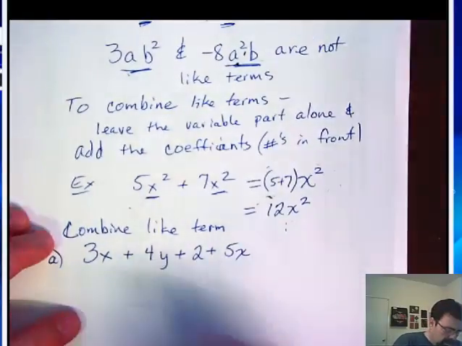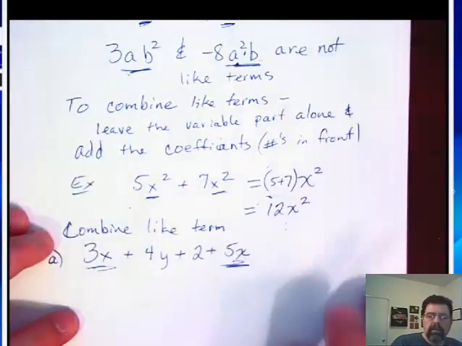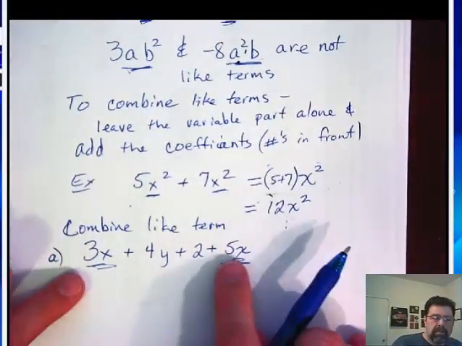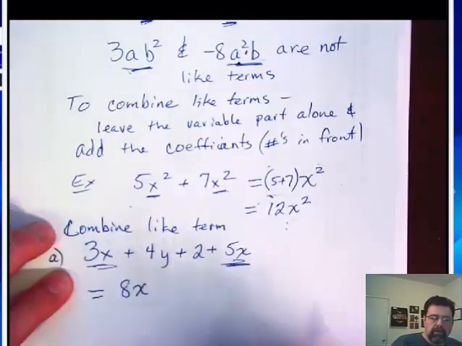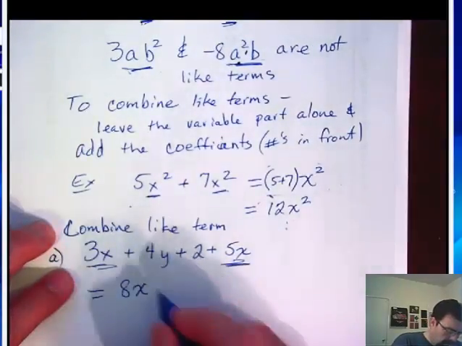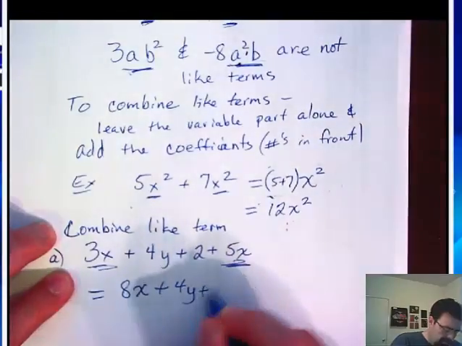The only like terms are the x terms. Those are like terms, so I combine them. I add the numbers in front. 3 plus 5 is 8. Leave the x alone, and then write everything else down that doesn't have like terms.